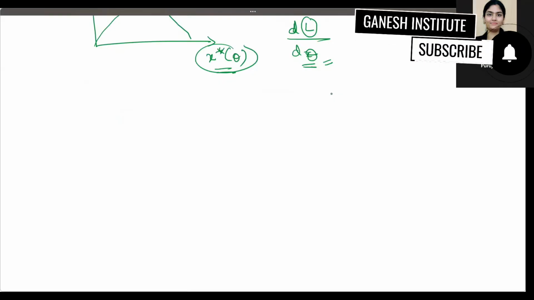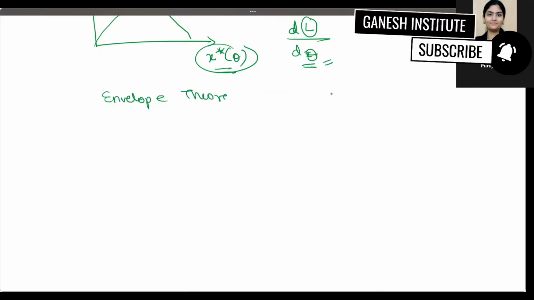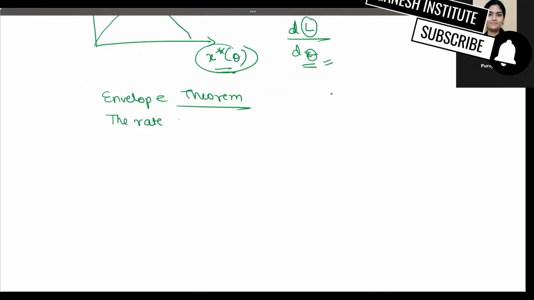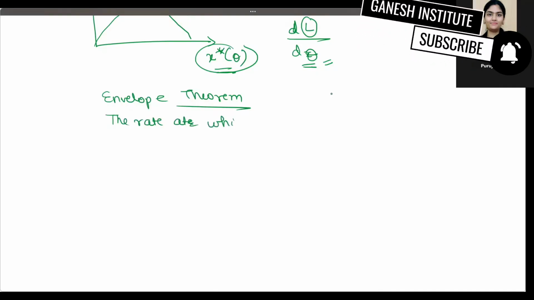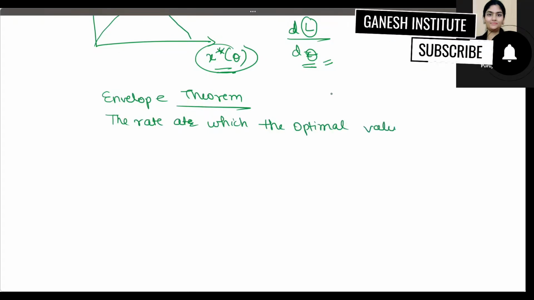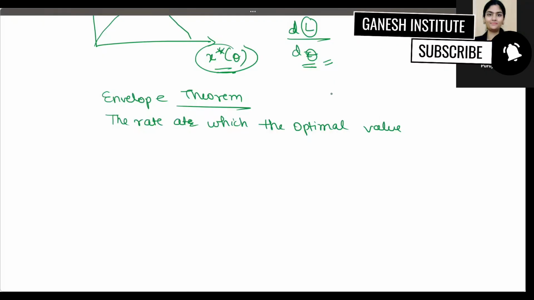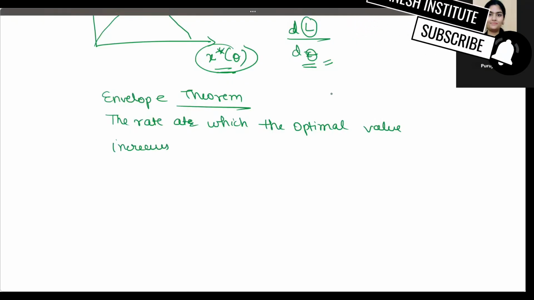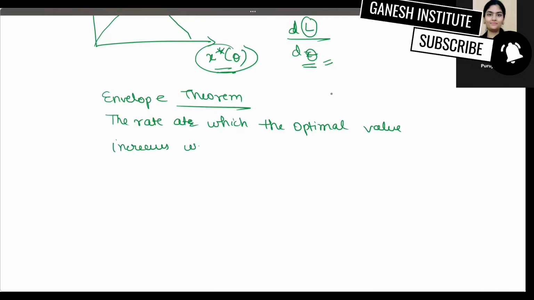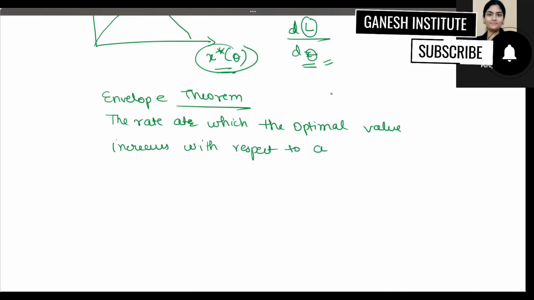For now, what you are supposed to do: the envelope theorem states that for the function which is given to you, you can find the rate at which the value is increasing. Why increasing? Because the function is concave and the constraints are convex. So you will see that the optimal value is increasing with respect to that extra parameter, which is A here.